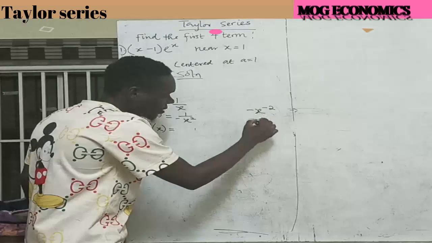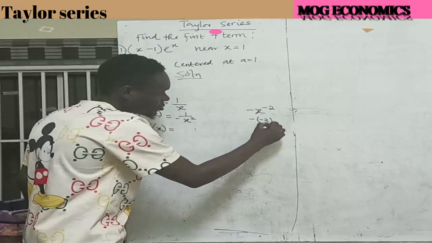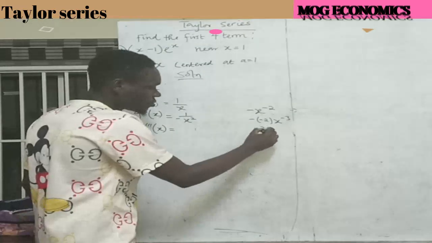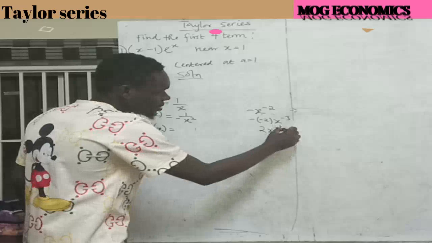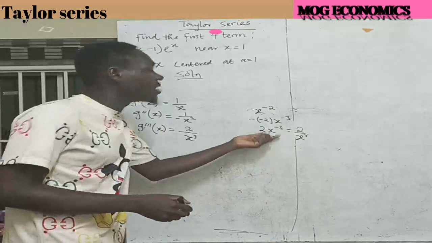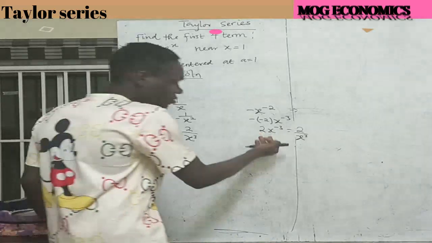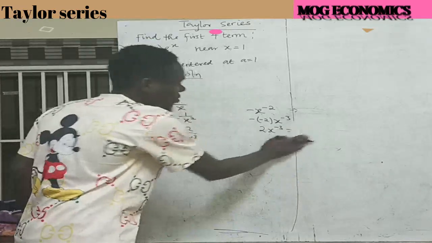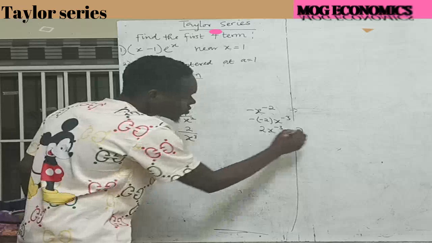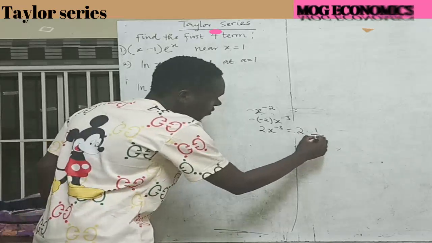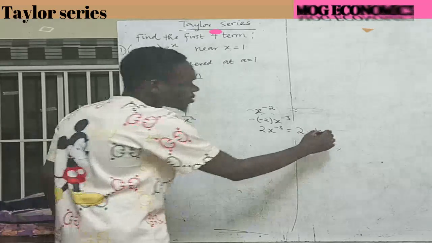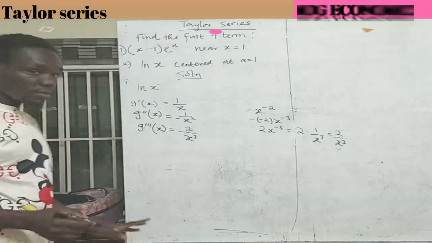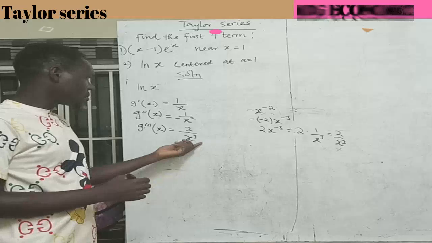We have minus 2 x raised to the power minus 3, so 2 x raised to the power minus 3 is 2 times 1 over x raised to the power 3. So that is 2 over x raised to the power 3. Alright, so this is it.